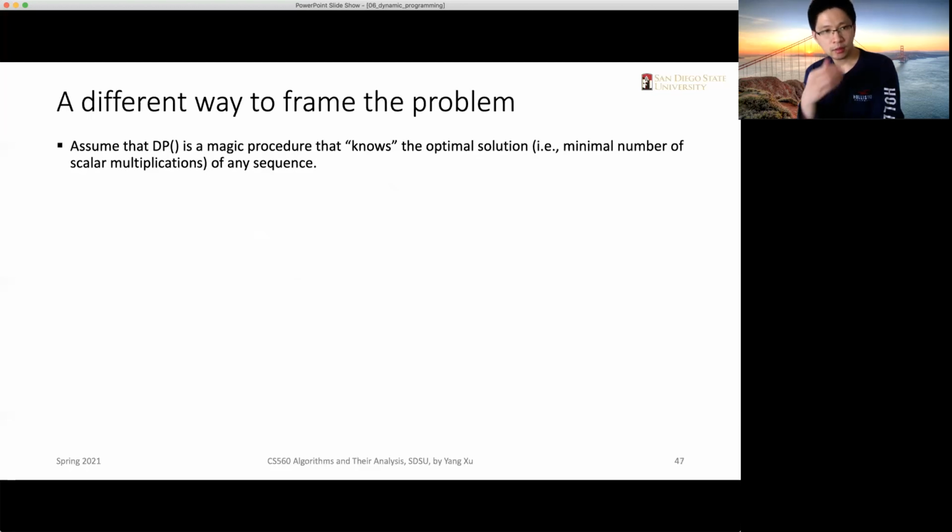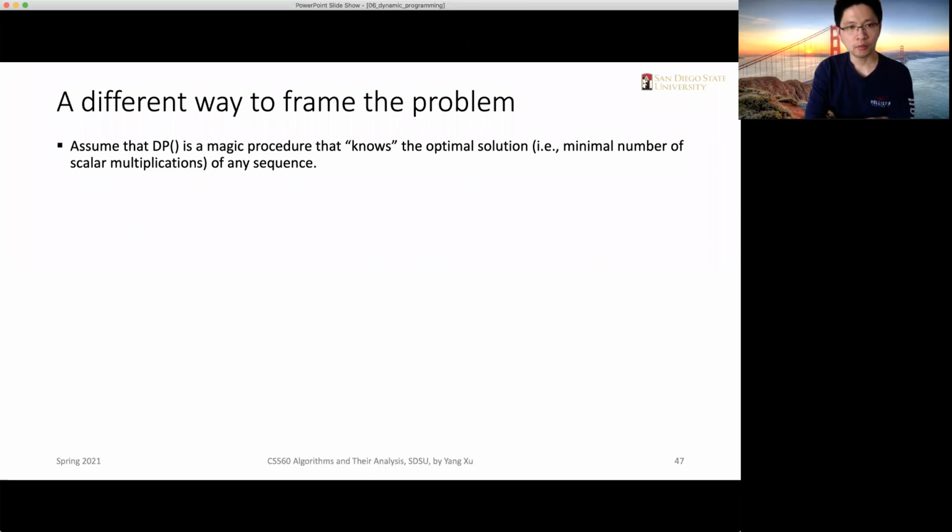So now let's try to visualize the whole problem using a different framework. It's actually a convenient way to solve basically any kind of dynamic programming problem.